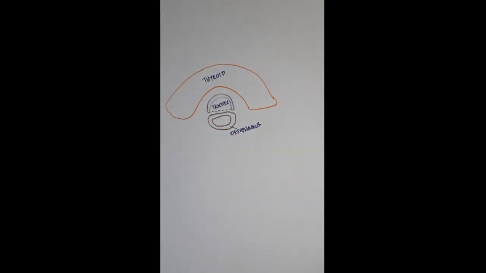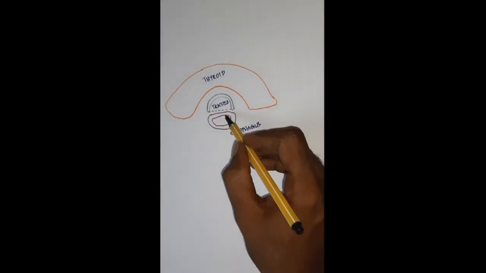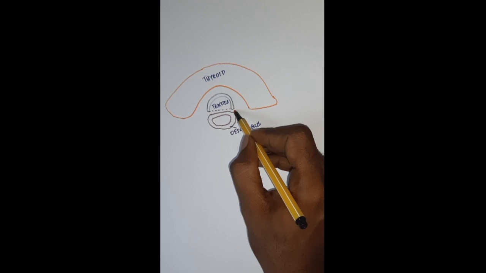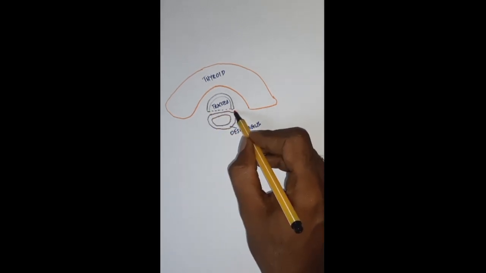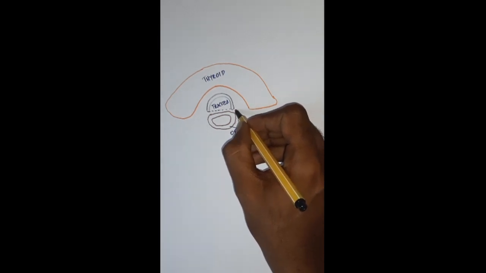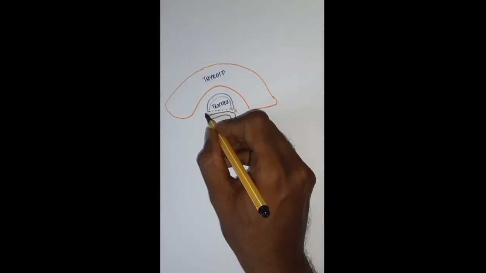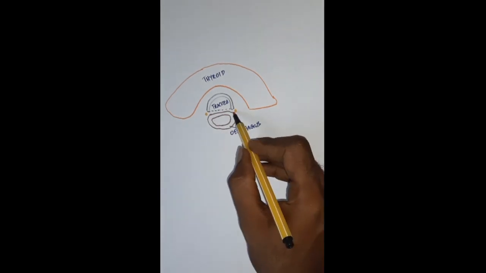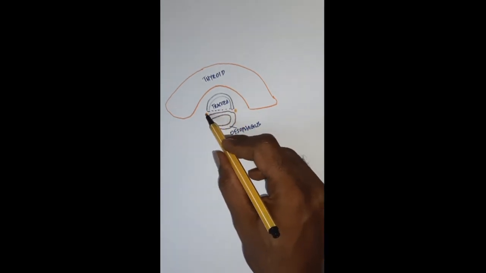The junction between the esophagus and the trachea is called the tracheoesophageal groove, and this groove contains a nerve.